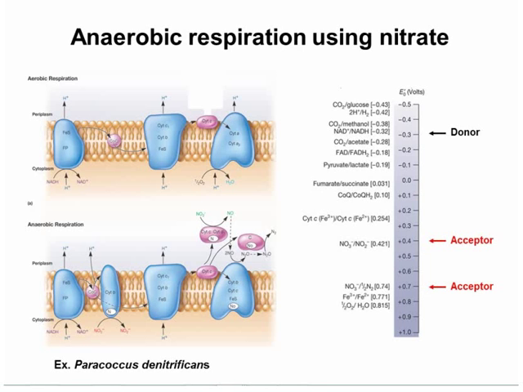So for aerobic respiration, the electron acceptor is oxygen, whereas in anaerobic respiration, it's some other inorganic electron acceptor that can be reduced. So often it's nitrate, which can be reduced firstly to nitrite or then to nitrogen gas.